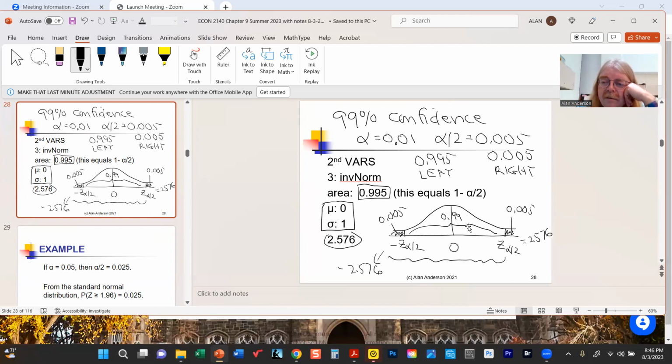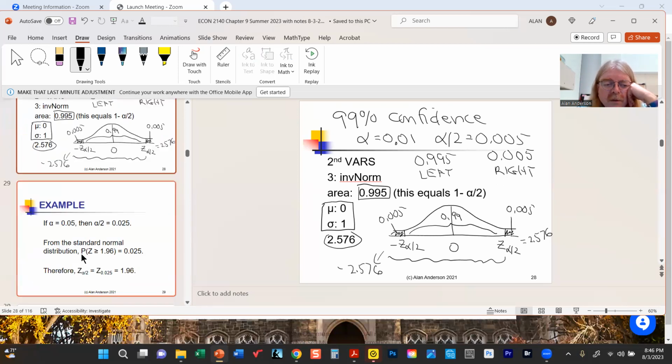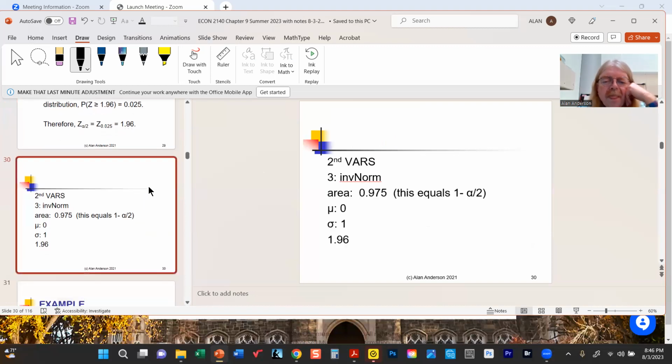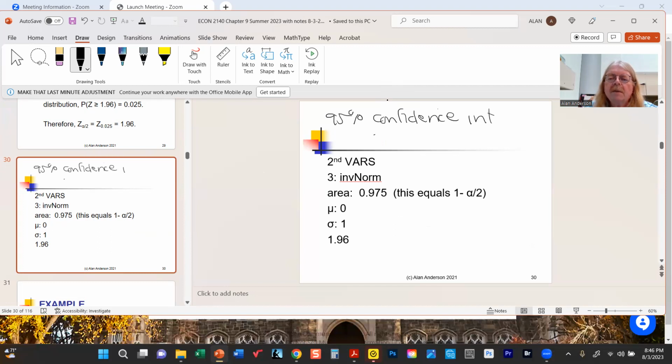Now, that took the place of looking this up in the normal table, of course. Here's the 95% confidence interval case. And again, the only challenging part really is what to do about the area. So now for 95%, that implies 5% is split up between the two tails, or 2.5% belongs to either tail.